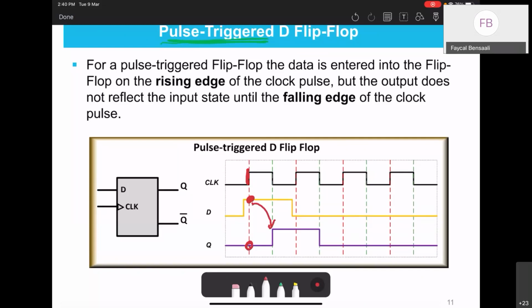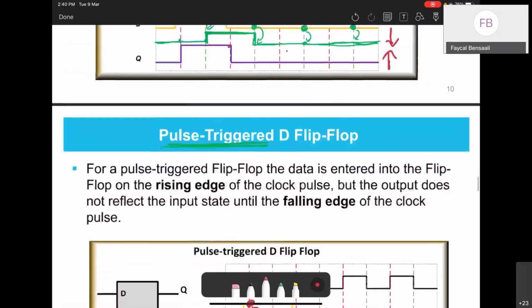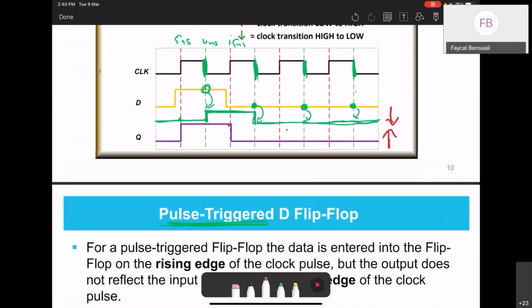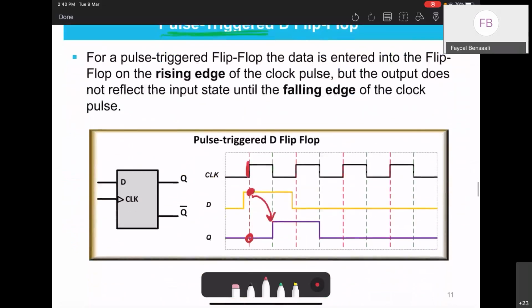On the rising edge, we just read the input D, and then based on this value we update the output, so there is a half clock cycle delay compared to this one. Do you see? It's the same form at the end, but it's delayed by half a clock cycle. And then at the next rising edge, D is 0. We don't update it here like we did in the previous one, we update it on the falling edge.